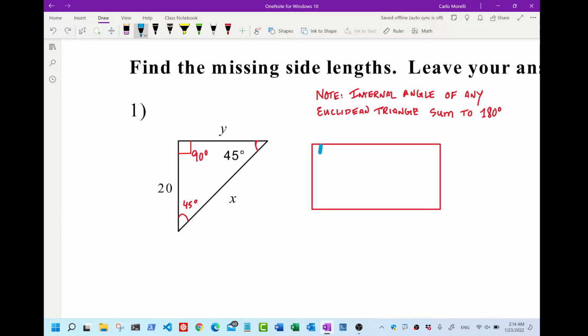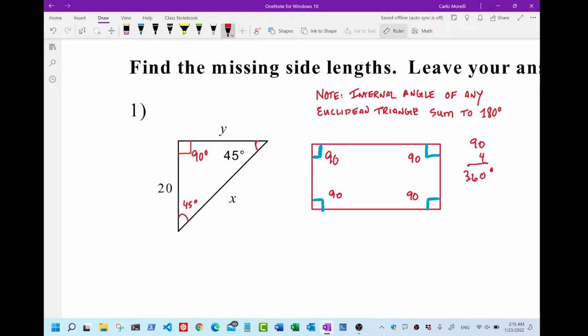Each of these angles in the rectangle is 90 degrees. So you can figure out the internal angles of a rectangle. You have 90 plus 90 plus 90 plus 90. Well, that's 90 times 4. And that's going to be 360 degrees.